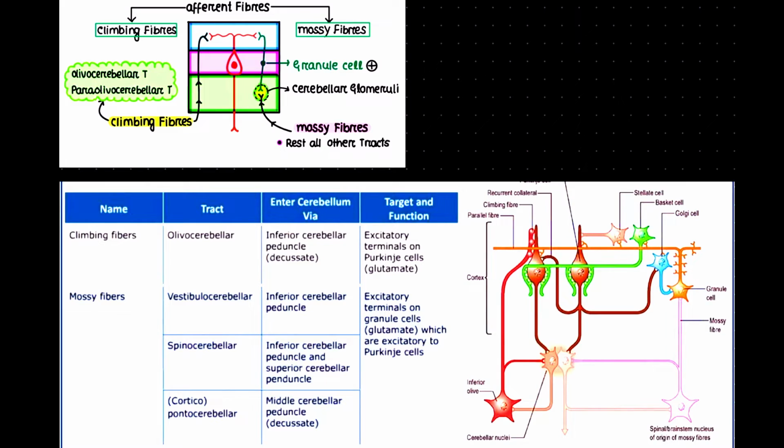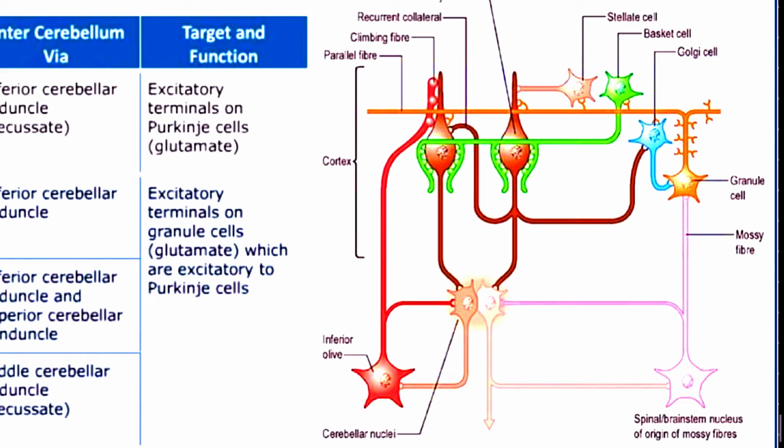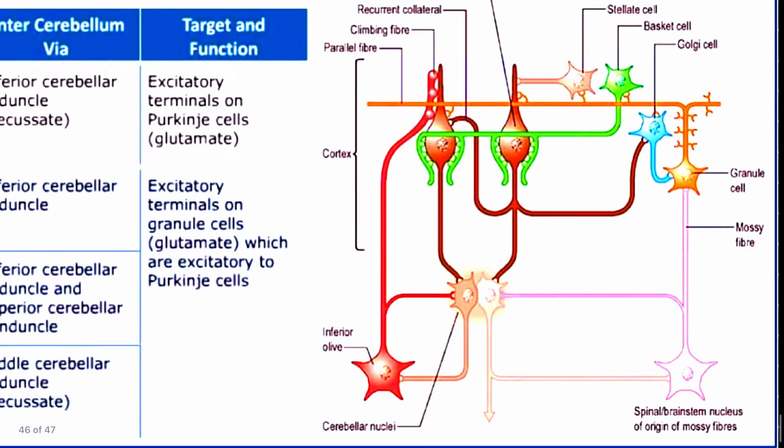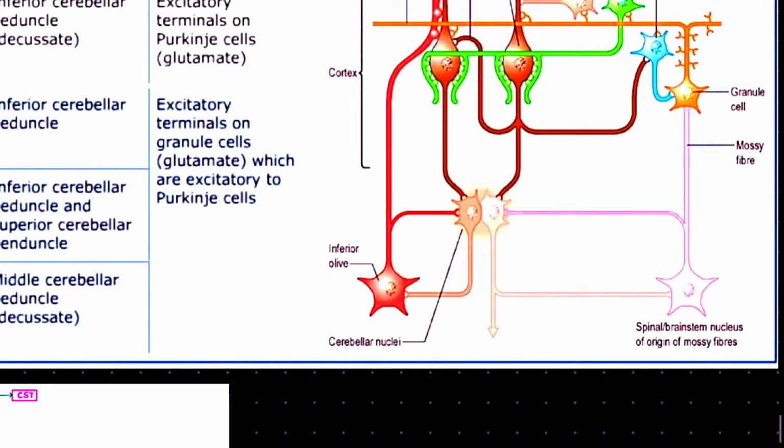Now let's talk a bit again about the cerebellar pathway. For example, the right lower leg is moving. This information will be carried by the right dorsal spinocerebellar tract.